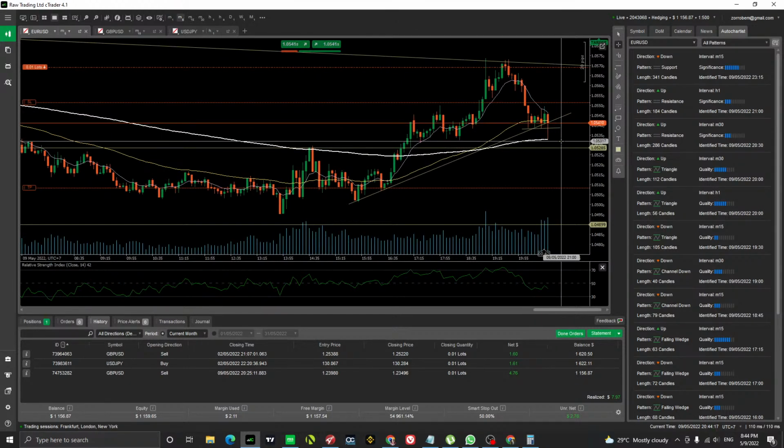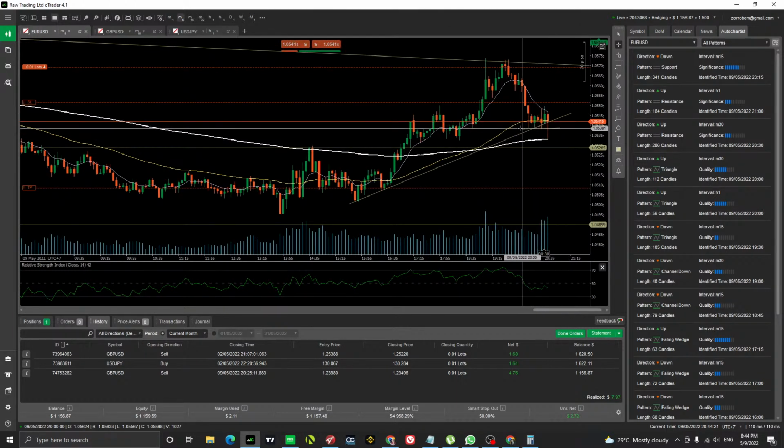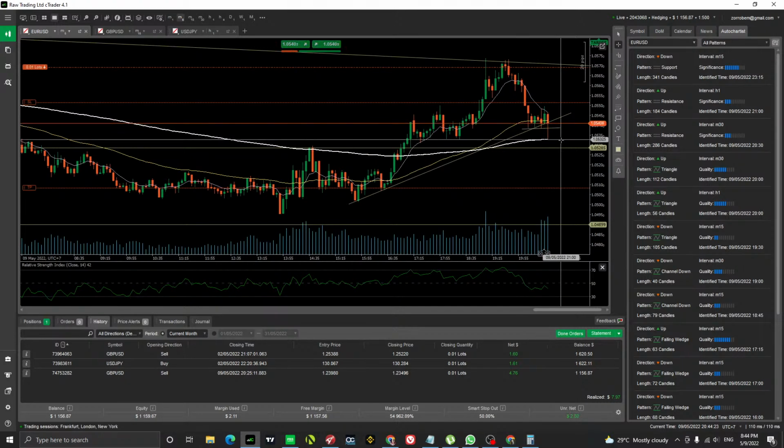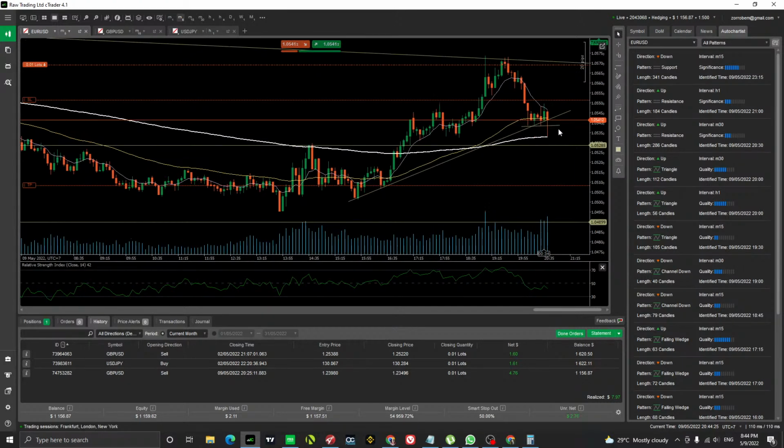So you can see now it bounced and went back above the small support here, right? So it went down and then went back up. Because there's also a small upward trend line, there is a possibility it can continue up.